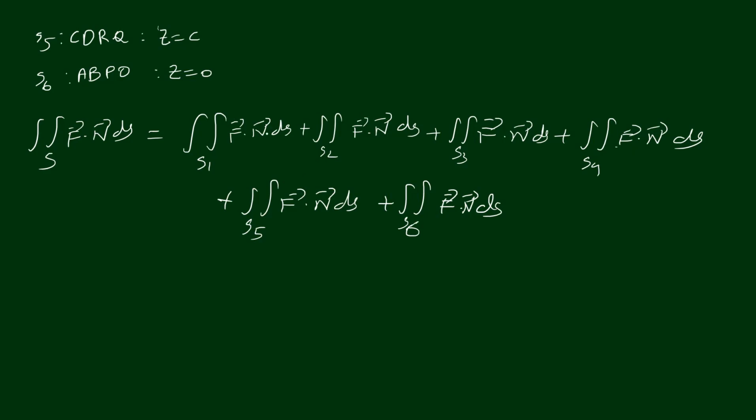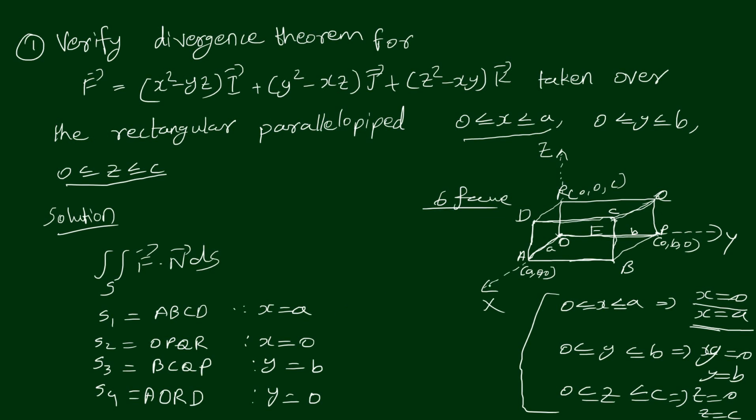So you can denote them as N1, N2, N3, N4, N5 and N6. Separately give the names. Now you can separately find out this surface integral. So put it as equation number 1. Over S1, so what is S1?